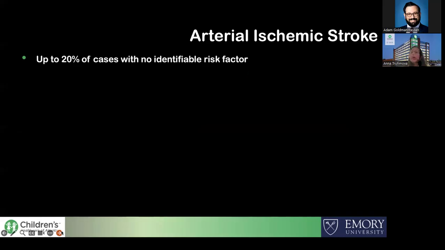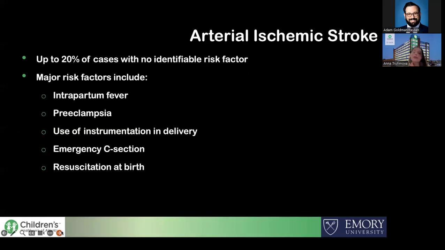So first of all, arterial ischemic strokes. And in terms of what is the risk factor for development of arterial ischemic stroke in neonates, a good percentage of those cases, up to 1/5 of them, actually never have any identifiable risk factors. So we basically really don't know why the stroke happens.